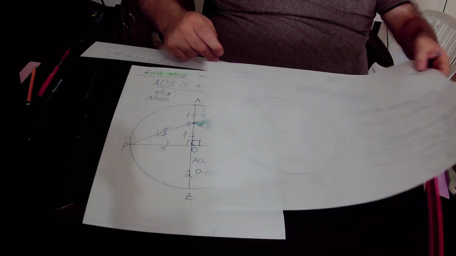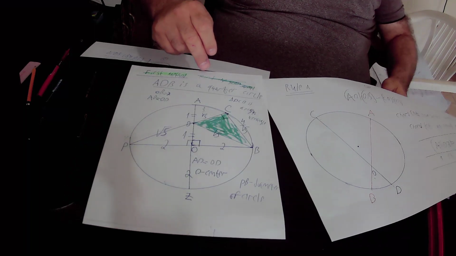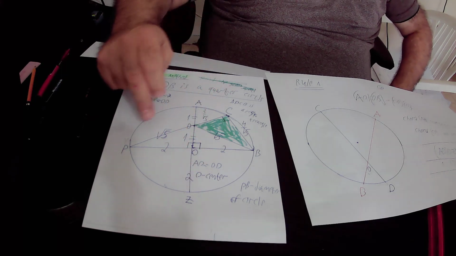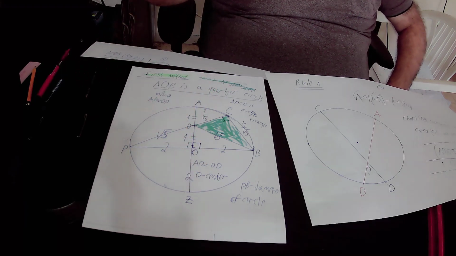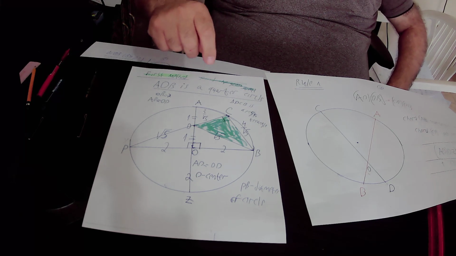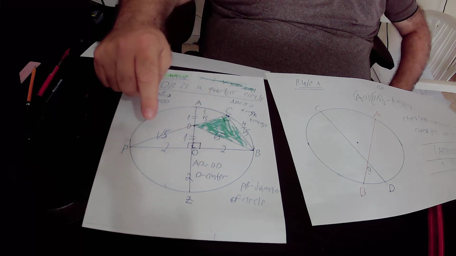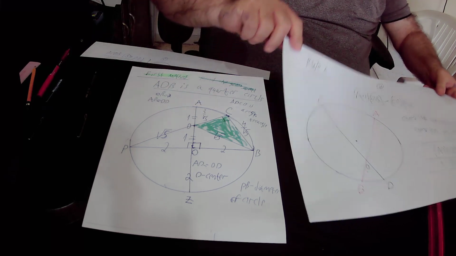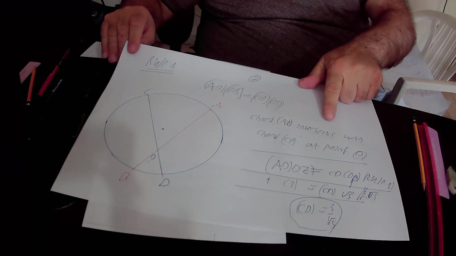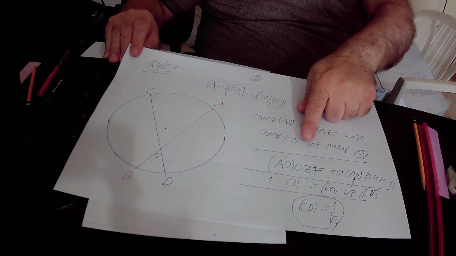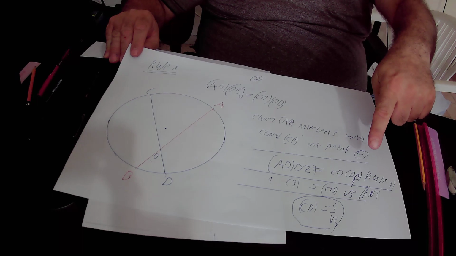We can implement rule number 1 in our drawing, because chord AZ intersects with chord CP at point D. Therefore, according to rule number 1, AD times DZ equals CD times DP.